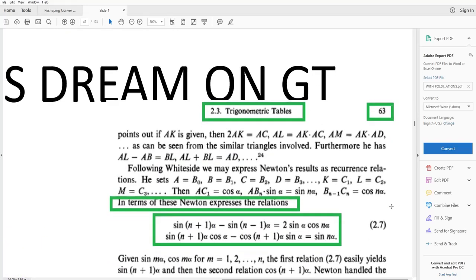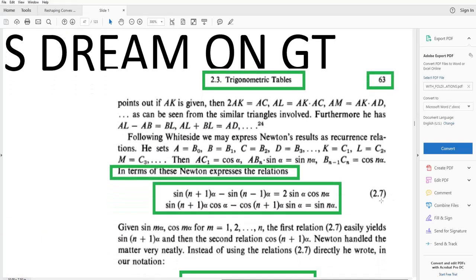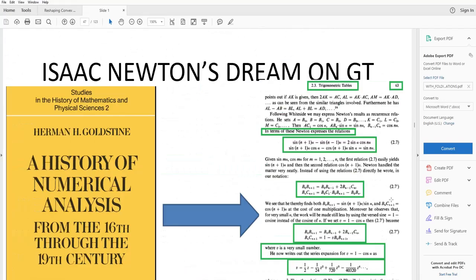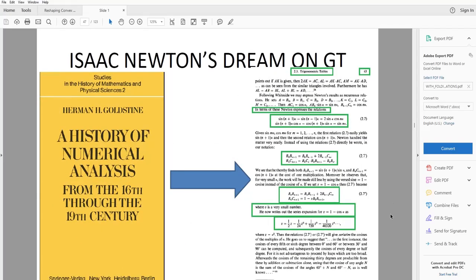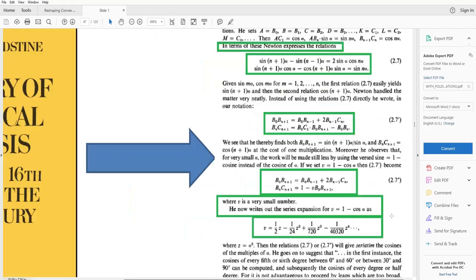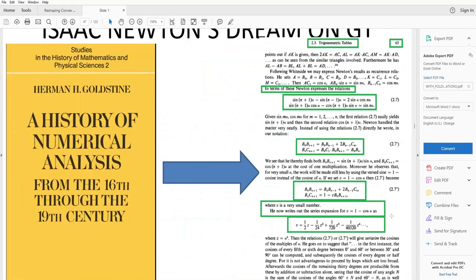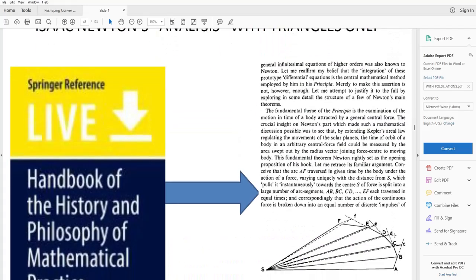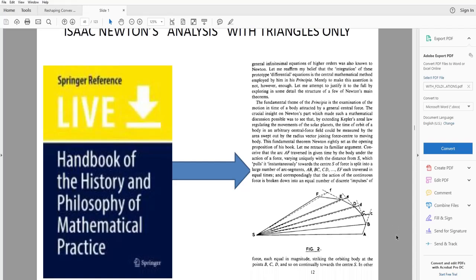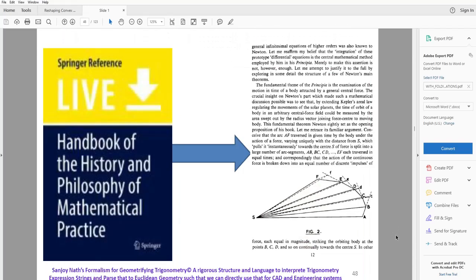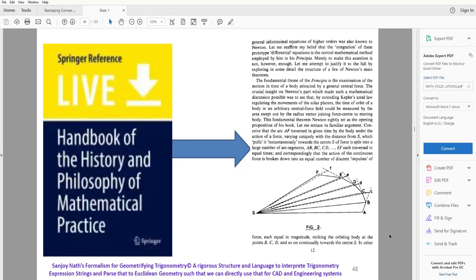And it is well understood now that this was his dream, that someday he will get the geometric interpretation of trigonometry expressions, but he could not get it because the computer was not there, and it was long time taking for anyone who were trying to develop the triangulations and triangle geometry generation out of the trigonometry expressions.